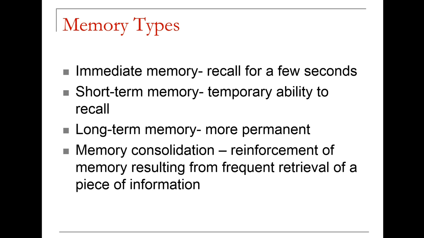And if you remember from last semester, we talked a little bit about neural circuits. So these are going to be a type of neural circuit known as a reverberating circuit.